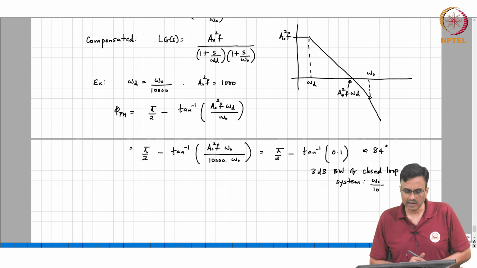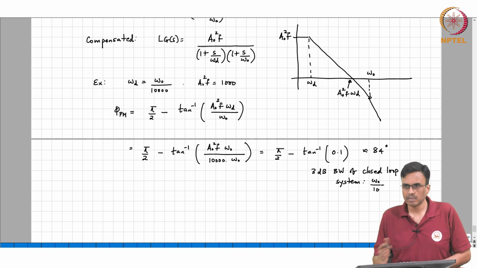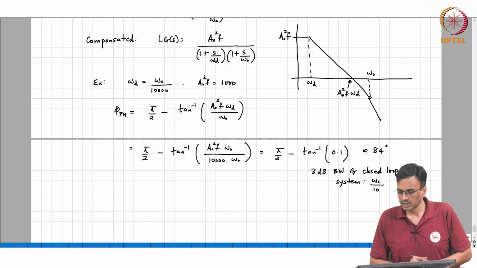Omega d has increased by a factor of 2. So, the 3 dB bandwidth will become twice as large, right. But then you see that you have paid 6 degrees in phase margin for doubling the bandwidth.